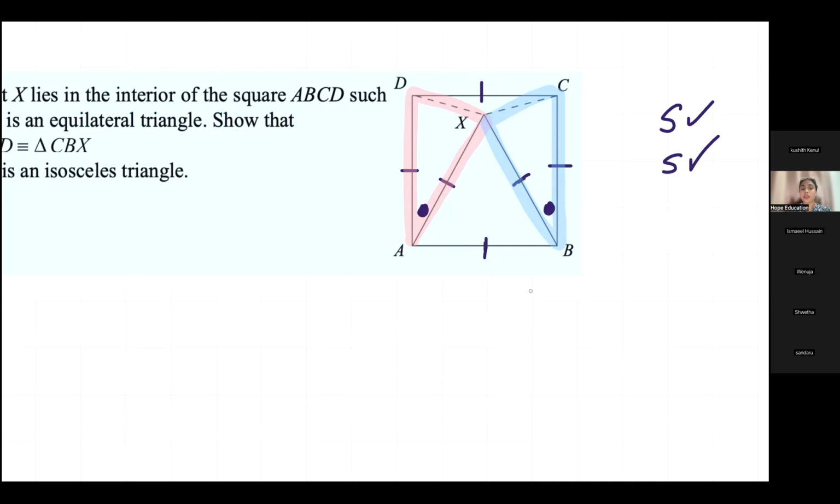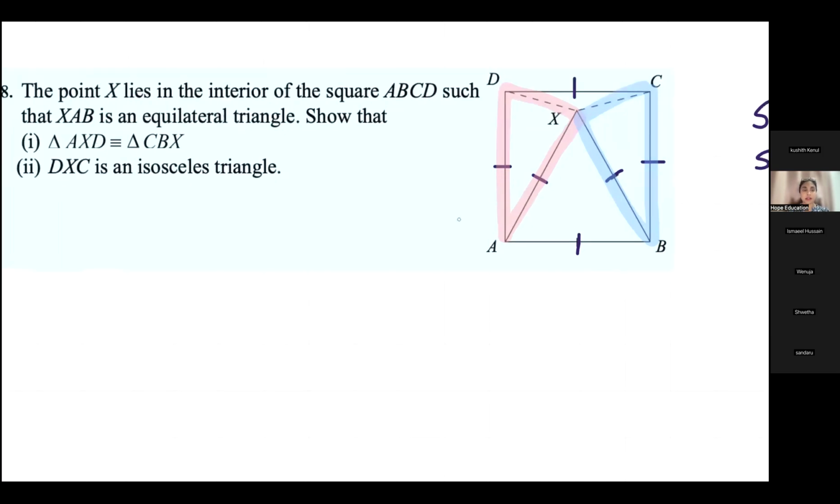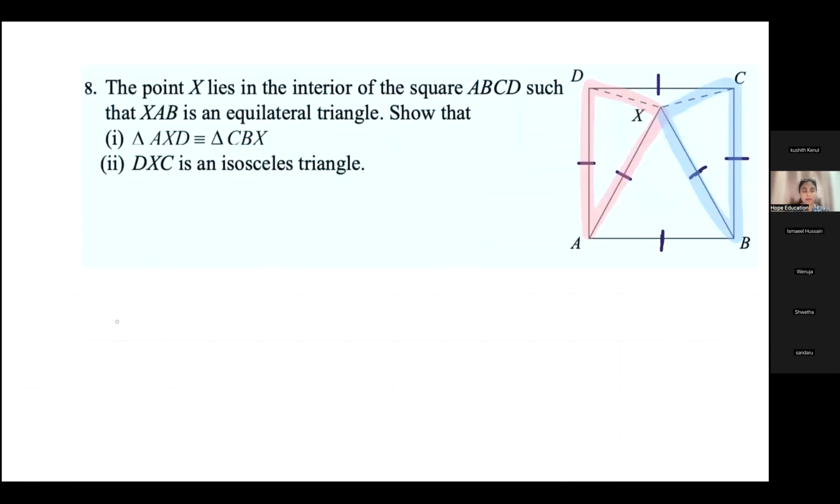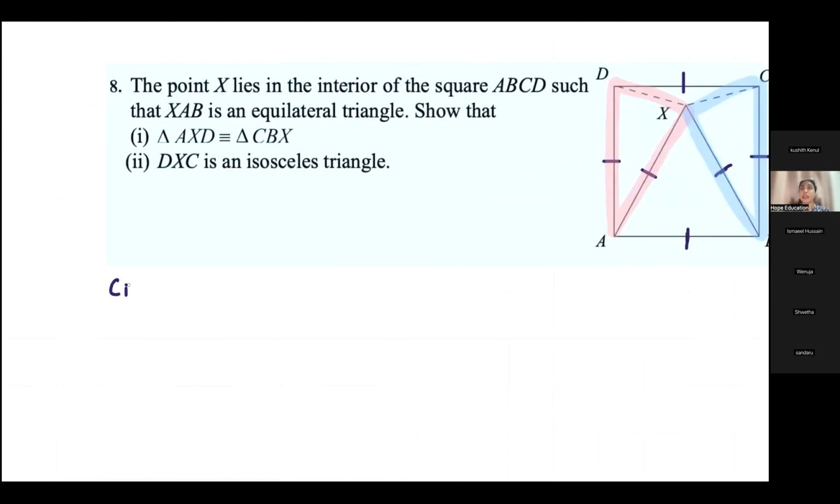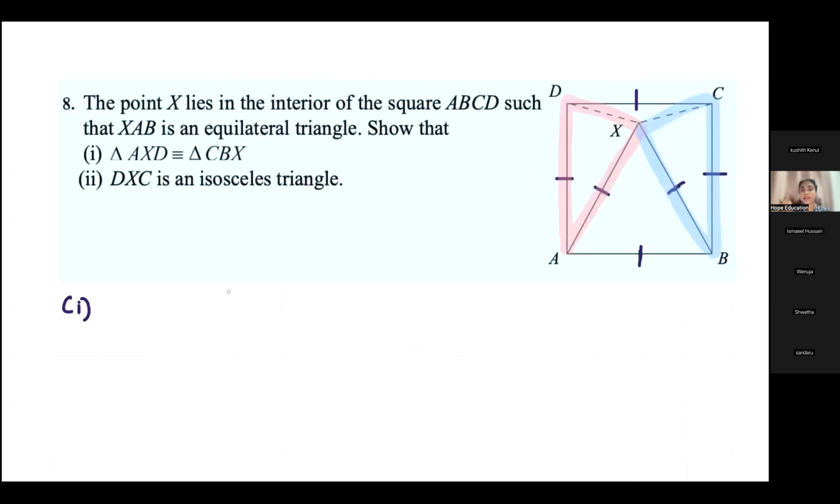We have to prove first that they are equal. Look at how to do this step by step. I'll put Roman number 1. When you're writing a reason within brackets, we can't write a very long reason in the brackets. So what I'm going to do is show that this angle and this angle are equal first, and then write the congruence.